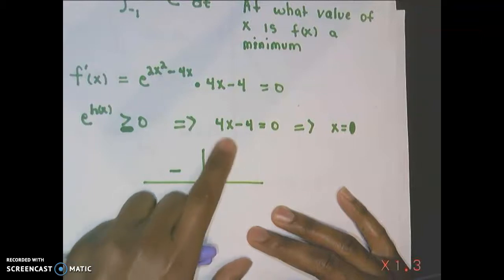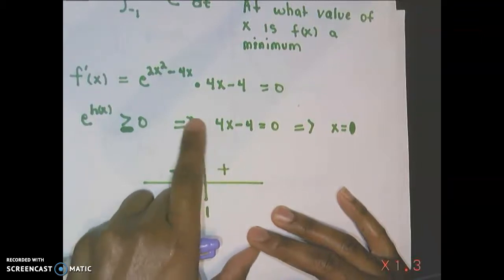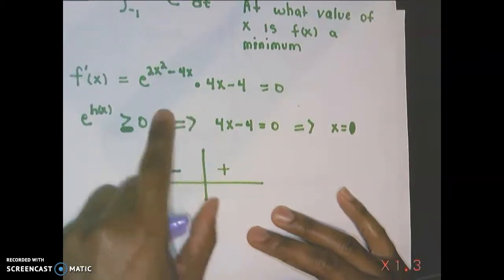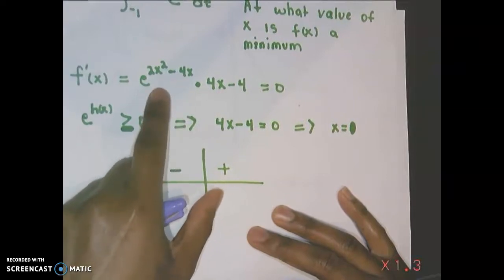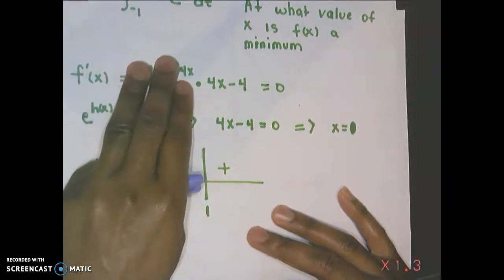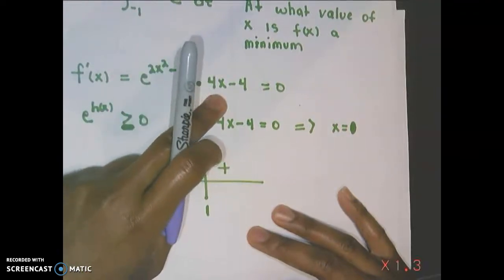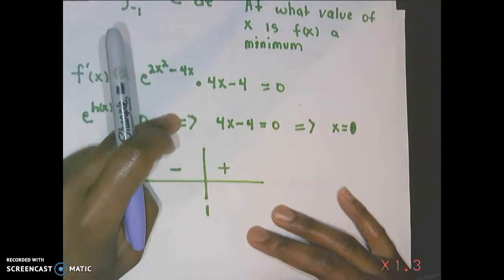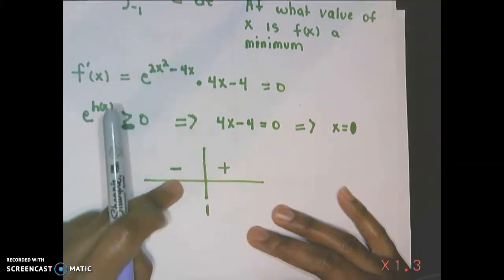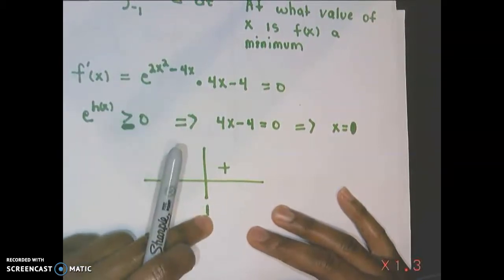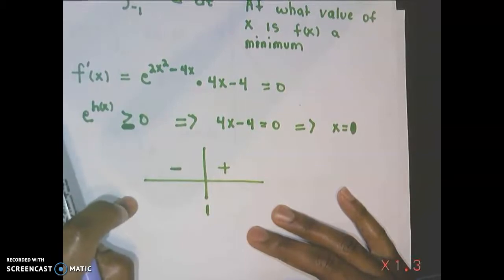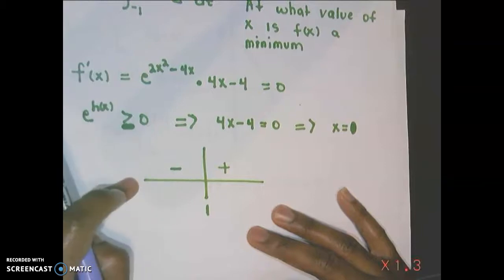If I plug 0 into the derivative function, the exponential part we've already discovered is always positive, so we don't have to even think about it. And if I plug 0 into 4x minus 4, I get negative 4. A positive times a negative is negative. So I know to the left of 1, I'm going to have a negative value for my derivative.